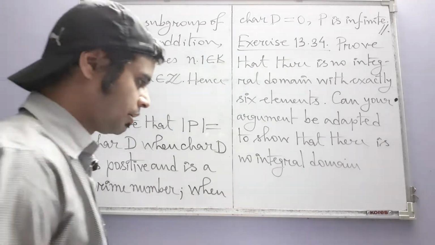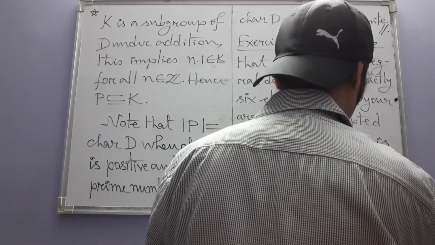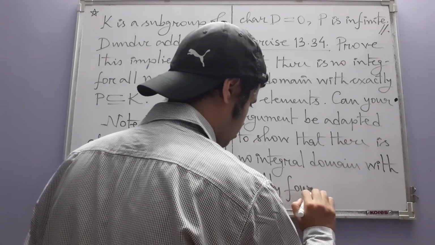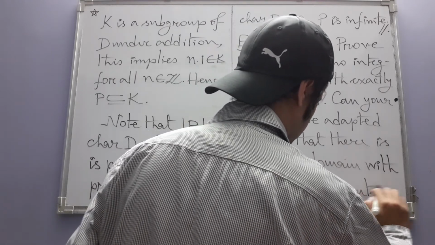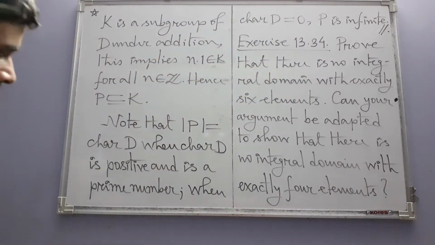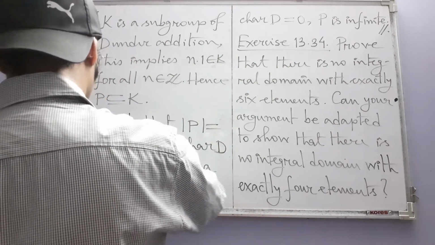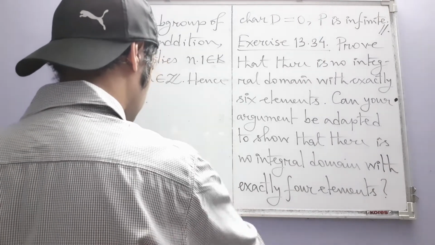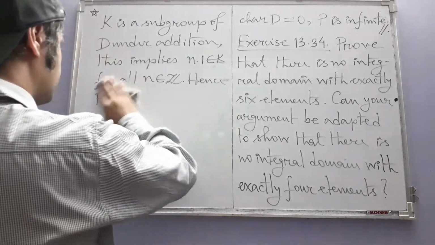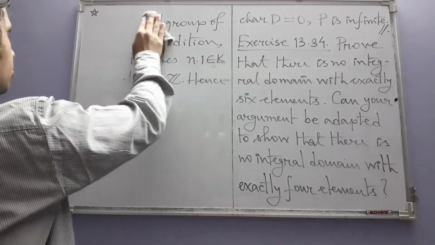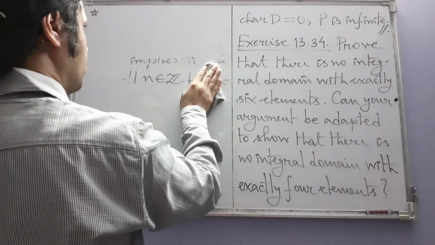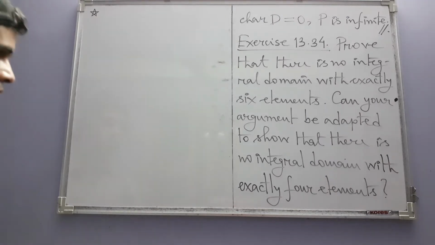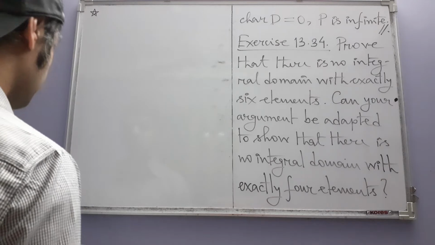There is no integral domain with exactly 4 elements, and then there is more. What about 15 elements?